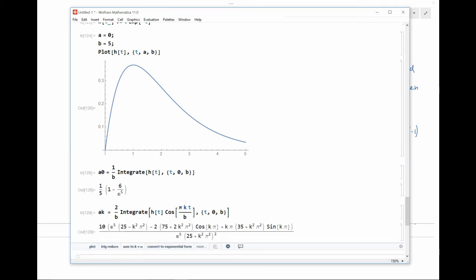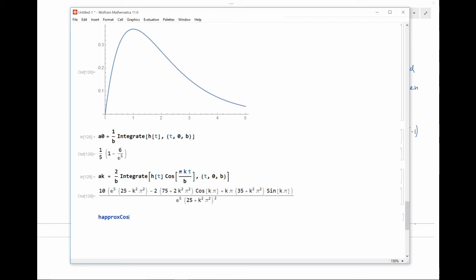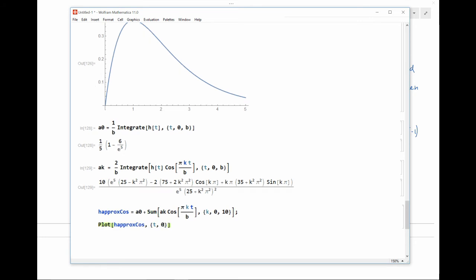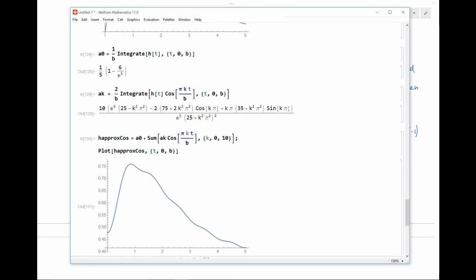Let's look how it works. So we're going to add a naught plus the sum of ak times cosines, let's add k going from 0 to, let's add the first 10 terms. That looks like a very poor approximation of our function, so adding more terms should fix it.